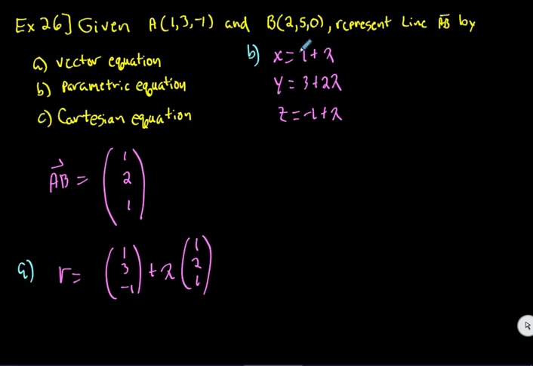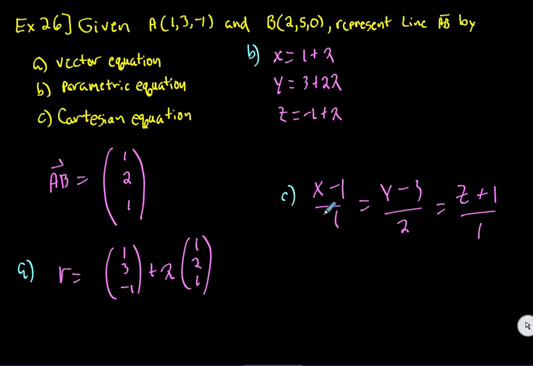And then finally, C, my Cartesian equation, would be by eliminating the parameter, and I can write it as x minus 1 over 1. I can write it as y minus 3 over 2. And my z is going to be, I'll add 1 this way, so it would be plus 1 over 1.